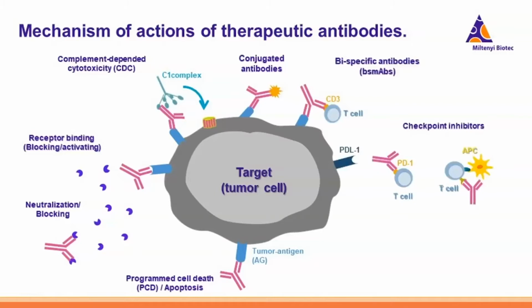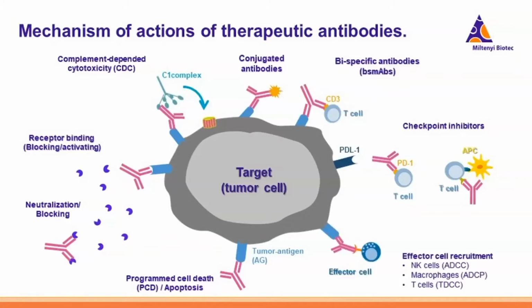Then we have checkpoint inhibitors, antibodies that bind against these immune checkpoints and help the immune system to act against the tumor cells. And then we, of course, have a very important topic, the effector cell recruitment. An antibody is again binding against the tumor antigen, and then effector cells can bind to the Fc part of the antibody, like NK cells, inducing ADCC, antibody-dependent cellular cytotoxicity.